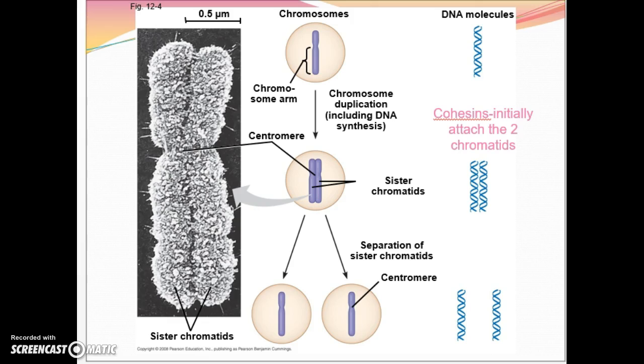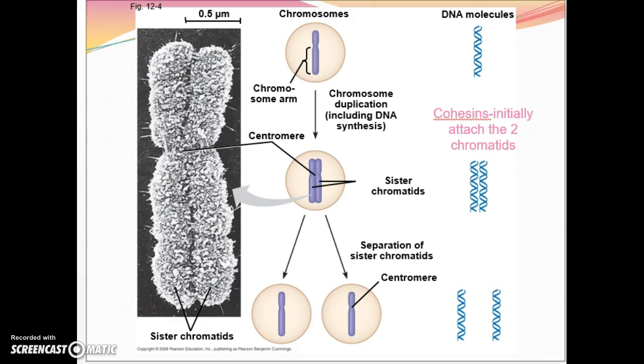These centromeres are actually a specialized region on the chromatid that have specific DNA sequences. Usually they're long series of tandem repeats, sometimes hundreds of thousands of bases long. So that's a lot of DNA, but they have yet to really sequence all the DNA that is in that centromere section. And so there is still a lot to learn about what actually is the usefulness of that tandem sequencing of DNA that's located there.